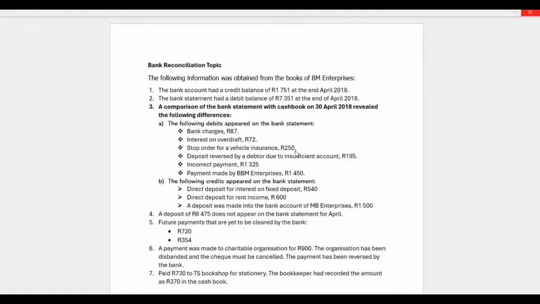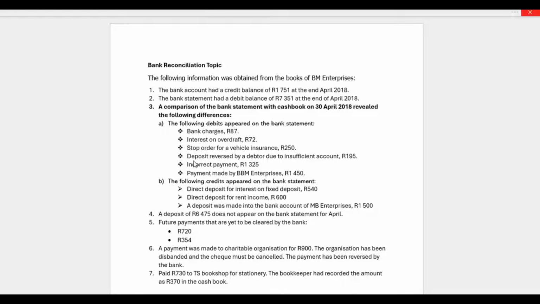So you must indicate in your cash book as a business that you have made a payment of insurance of 250. So there's an omission as well from the bank account or cash book. We need to also make sure that this amount appears.